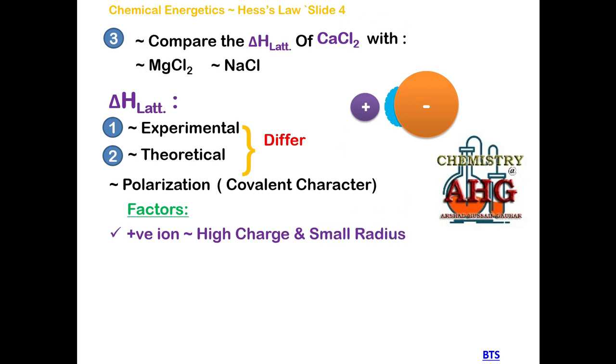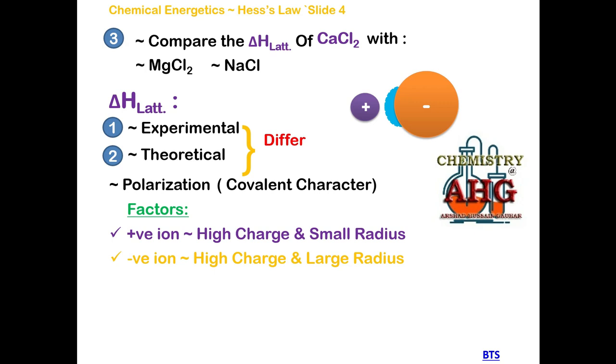And which negative ion can undergo polarization easily? A negative ion having high charge and large radius. These are the factors by which you can easily guess, for a given set of ionic compounds, in which compound there will be greater polarization. Remember, polarization is a relative term. You cannot give your opinion about how much polarization a single ionic compound would have.